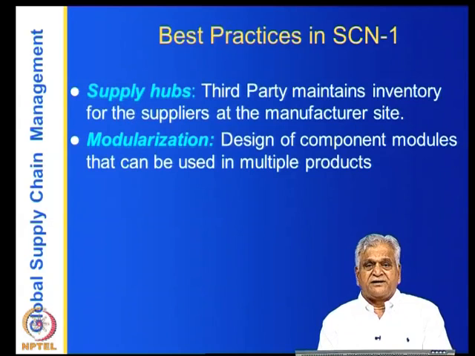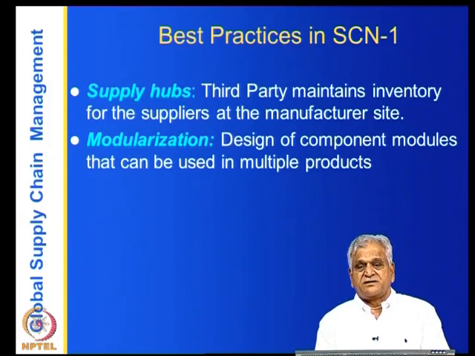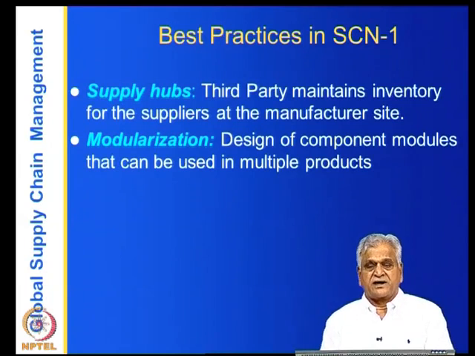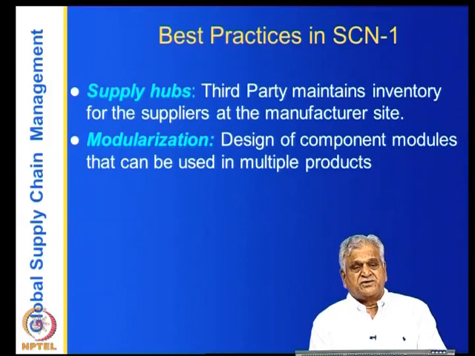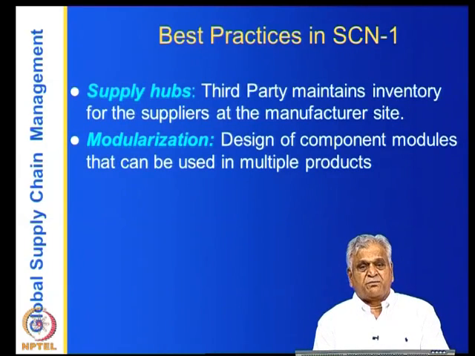But on the other hand, if the product is designed as component modules, and each module can be used in multiple products, then if a module goes wrong, you can throw it out and replace it by another one.